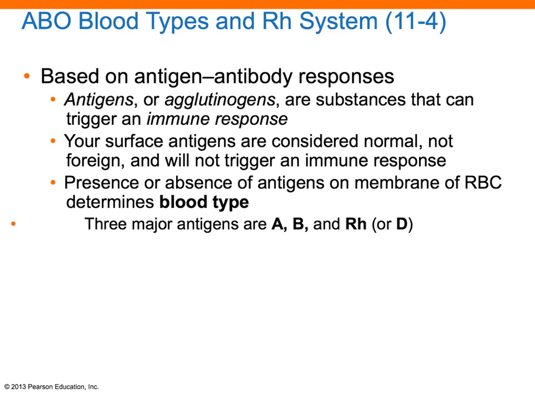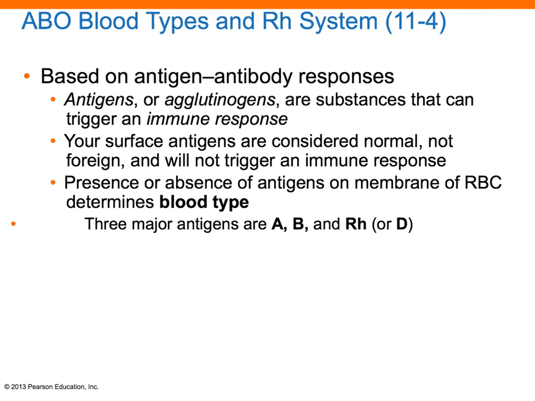Okay, now that you know how red blood cells are made, let's move on to blood typing. In the very early days, blood transfusions had really mixed results. Sometimes a patient would improve, or sometimes they would get worse and even die. And so it was finally figured out that blood was of differing types. And of course, this is genetically determined.